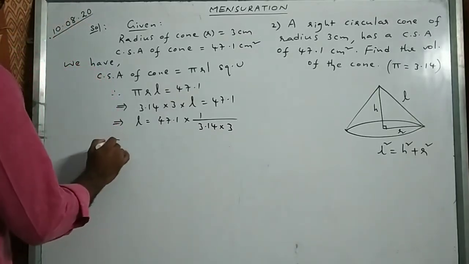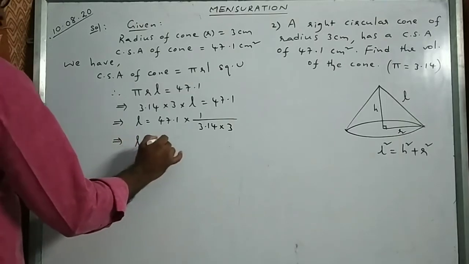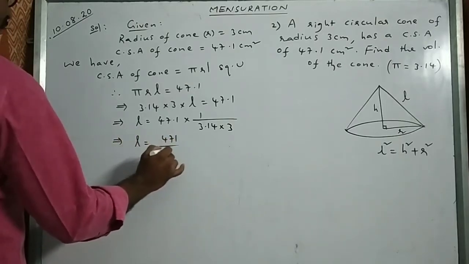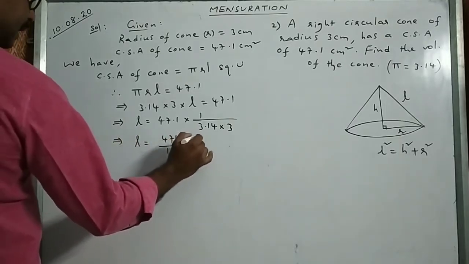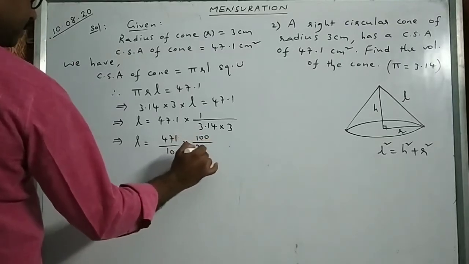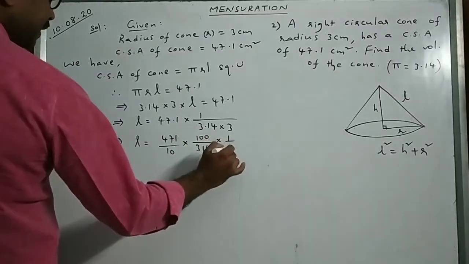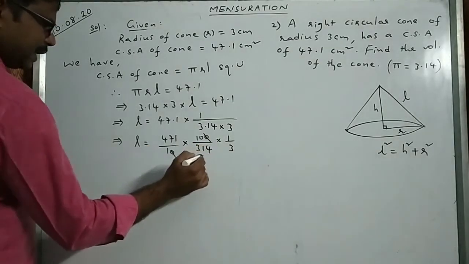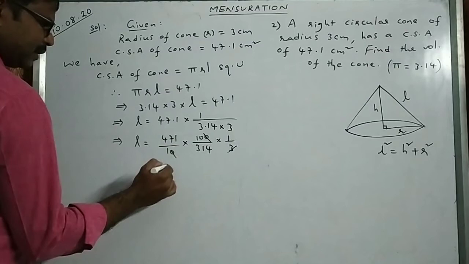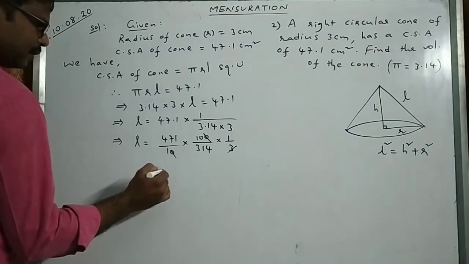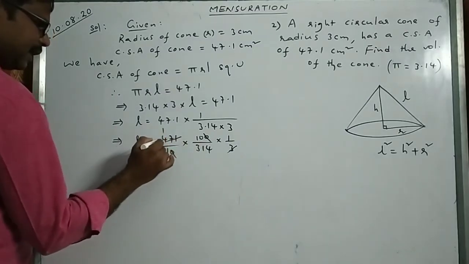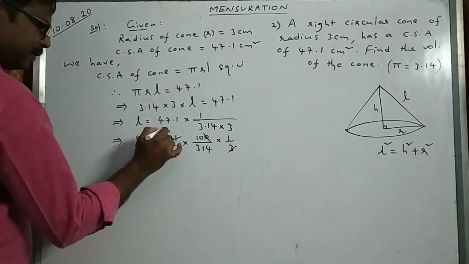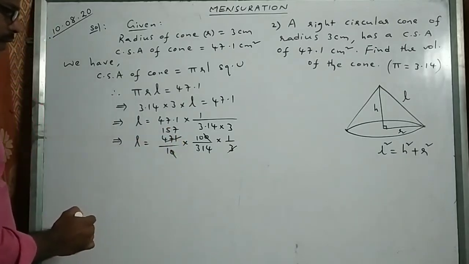Now I will remove the decimals here. L equal to, this is 471 by 10, this is 100 by 314 into 1 by 3. Now cut it. 0, 0 cut. 3 ones are 3, 3 5s are 15, 3 7s are 21.